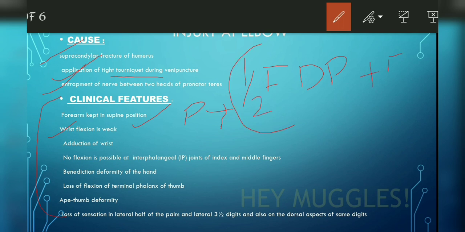So these would not be paralyzed, and all the muscles of the flexors of your forearm would be paralyzed except these two. Then there would be adduction of the wrist. It is due to your paralysis of flexor carpi radialis.